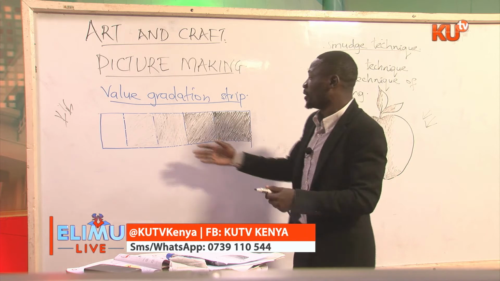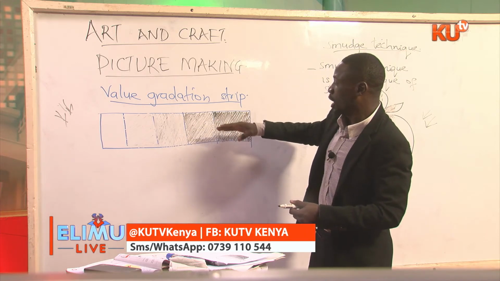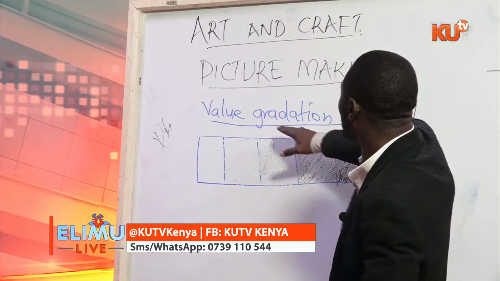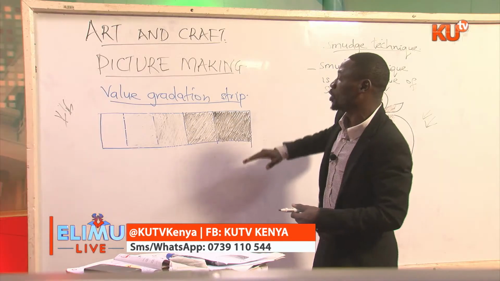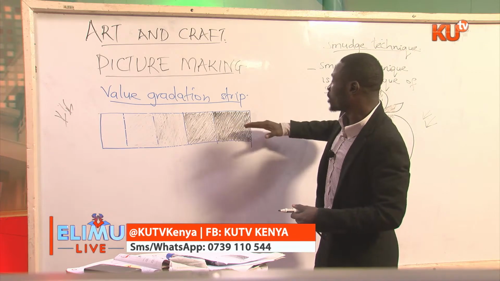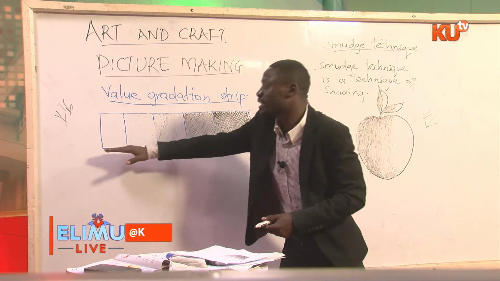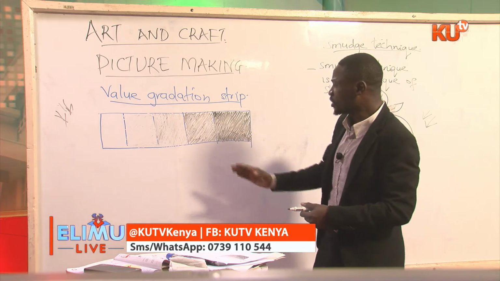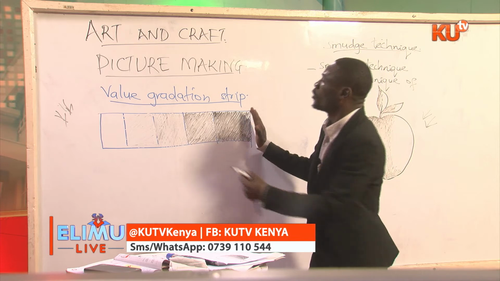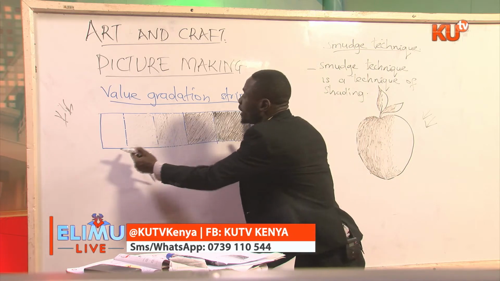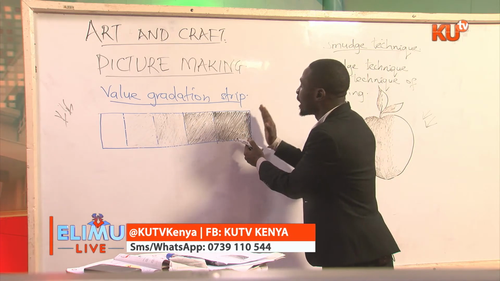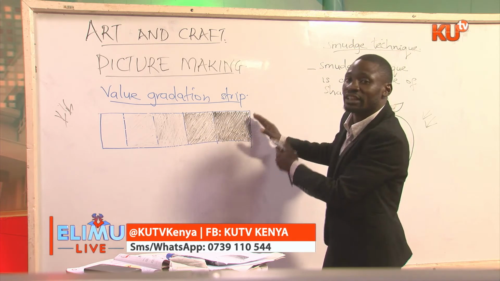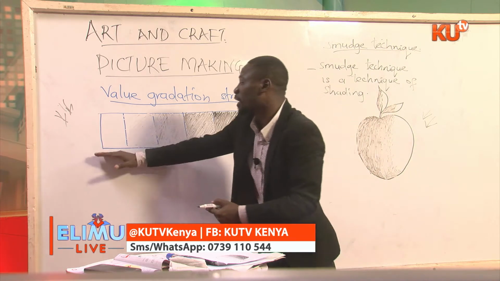Now this is art and craft, and we are coming up with a value. We call it a value gradation strip, where shading has been arranged from the lightest to the darkest. So if this is an item, this part is the darkest, which means on this side there is no light, or there is less light compared to this side.